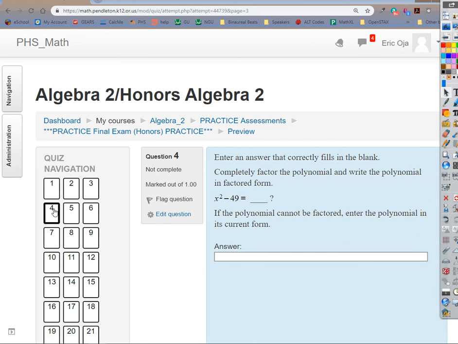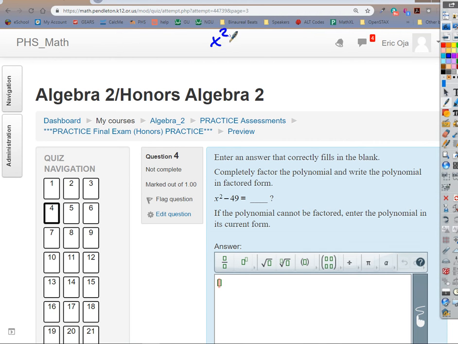Same kind of thing, but this time they want us to write it in factored form. That's all they want. So if we've got x squared minus 49, what factoring pattern are we going to use? Difference of squares. So what's that going to split up into?